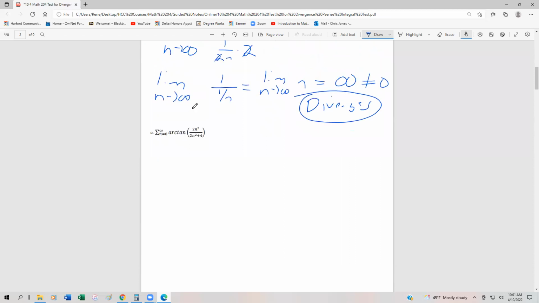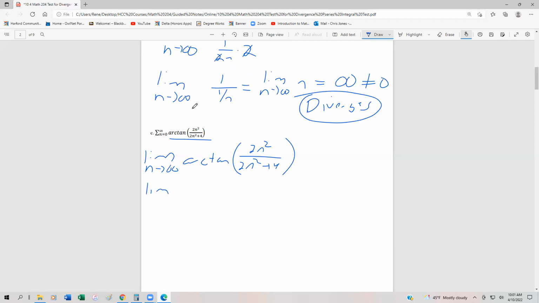Another example is the arctangent of 2n squared divided by 2n squared plus 4. And so once again, we apply the limit to just the sequence, ignoring the series for now. So we have the limit as n approaches infinity of the arctan of 2n squared divided by 2n squared plus 4. I'm going to divide everything by the highest power of n in the denominator, which is n squared.